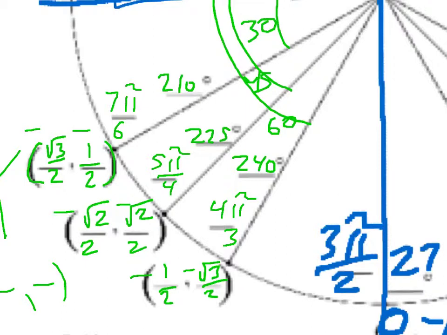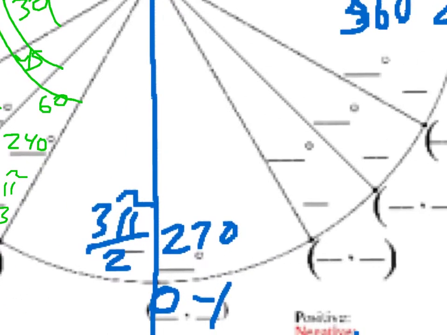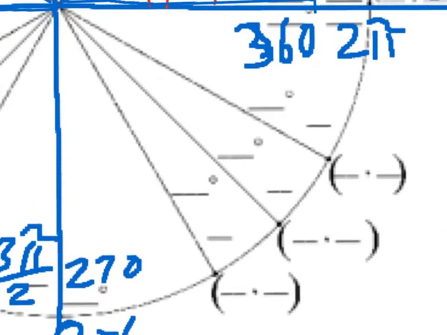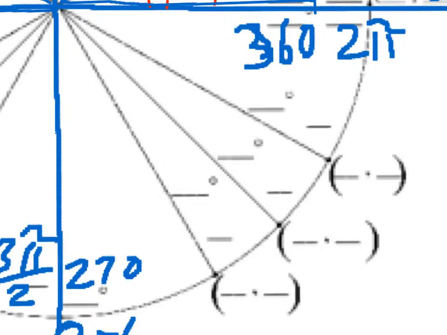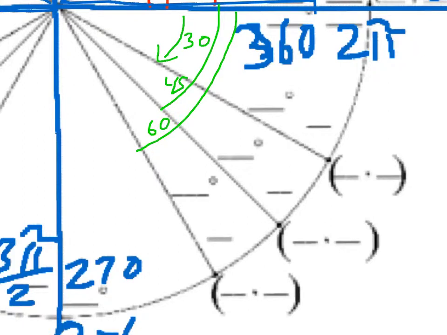Alright, now let's take a look at the fourth quadrant here. Hopefully you can start to assemble some of this on your own. From the center line, 30 degrees, 45 degrees, 60 degrees. So that makes this 300, makes this 330, makes this 315 degrees.